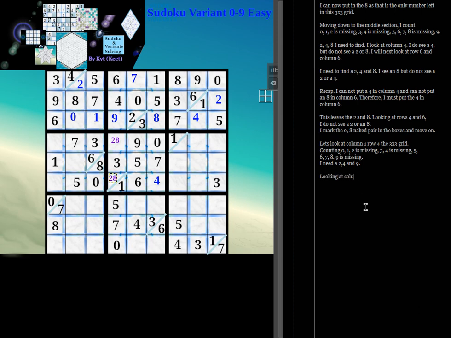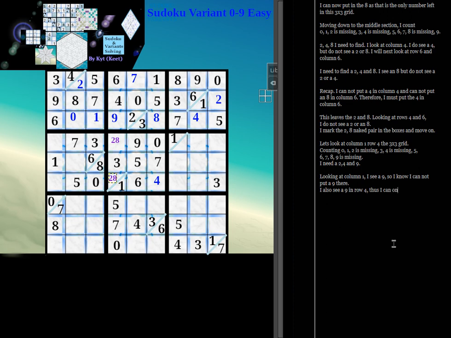Now looking at column 1, I see a 9. So I know I cannot put a 9 there. I also see a 9 in row 4.